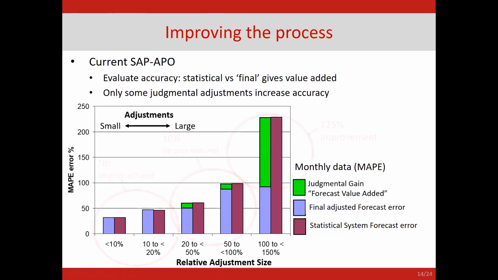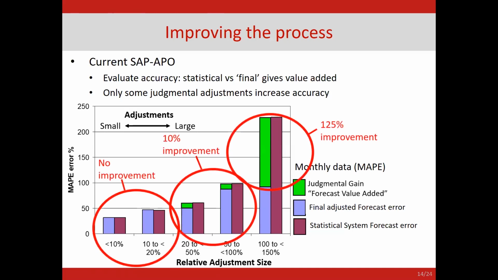And you can notice here that, for instance, in the case of small adjustments, there was no improvement. So by recording this feature, by looking back at the past forecasts, at the past errors, one could say, well, look here, there is a clear outcome. Do not bother about doing this small adjustment. This is just tweaking.